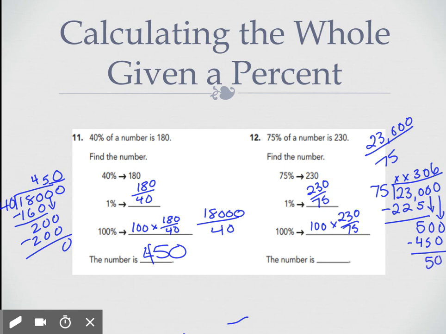Then I subtract and have a 50. I add a decimal and a 0, bring it down. I see right now that I'm going to keep getting that 6, so it's 3.06 repeating. So the answer would be 306.6 repeating.